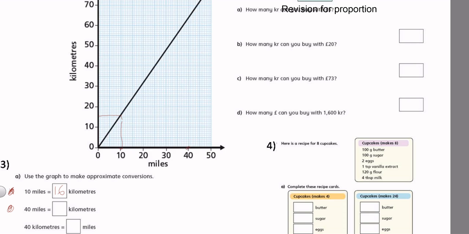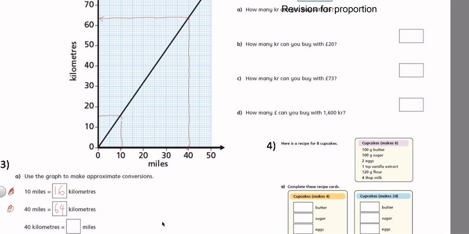With a ruler, straight line. When you hit the graph, stop, turn left. So according to my graph, it's 61, 2, 3, 4. Around about 64 kilometers. So 40 miles is the same as 64 kilometers.